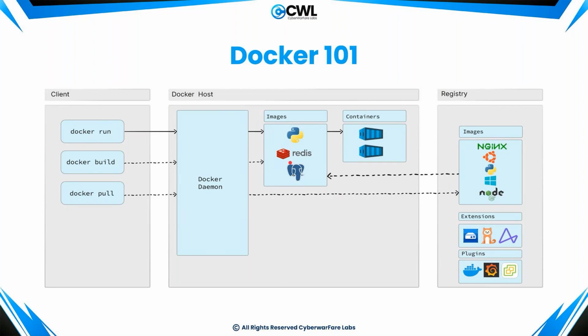But if the image is not present locally, then it makes an outbound request to the registry, downloads it, and then runs the container for you, right? So this is the exact flow that happens on a very minimal basis. This is very interesting stuff to understand, a very basic one.